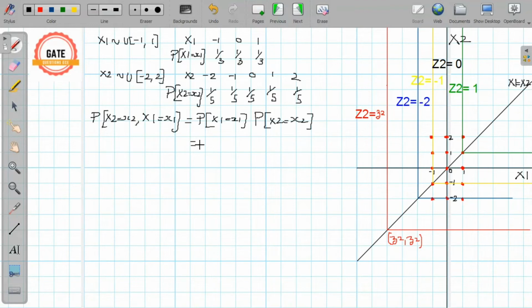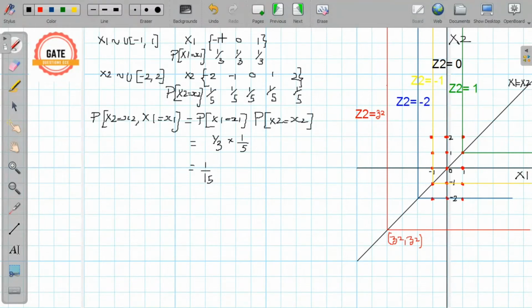So in all these three cases, it's 1 by 3, and in all these 5 cases it's 1 by 5. So the answer will be 1 by 15. So the joint probability will be 1 by 15 for all the ordered pairs which are formed by the Cartesian product of this set and this set.